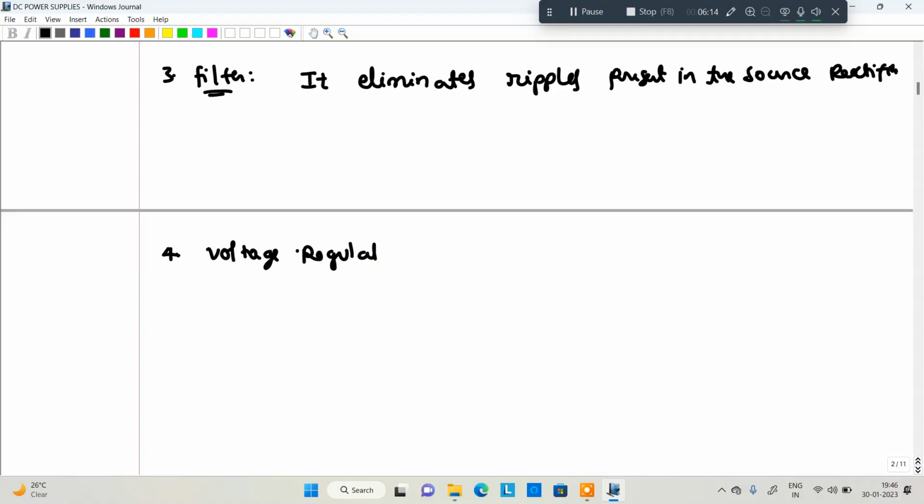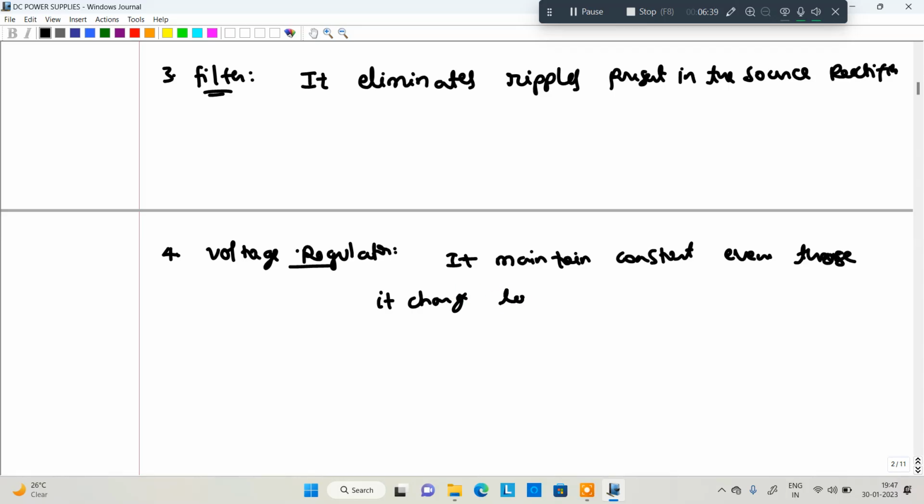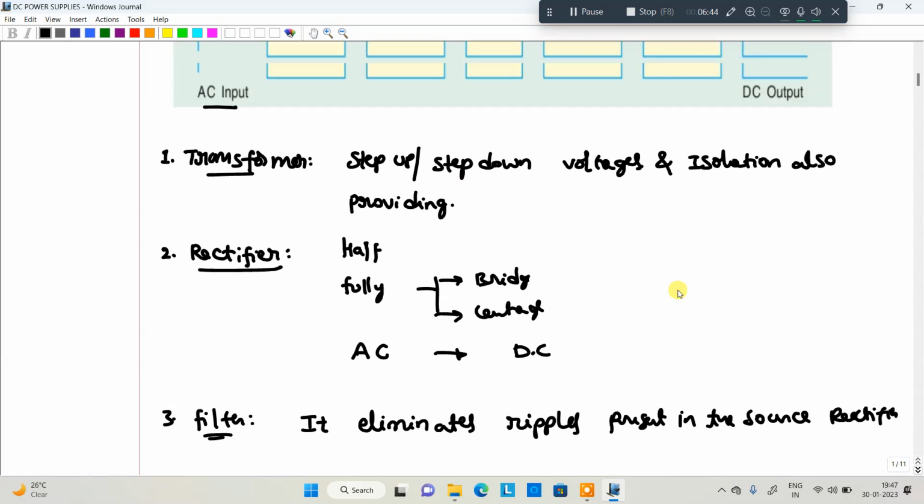It maintains constant output voltage even though there is a change in load, irrespective of load. That is the regulators we have.